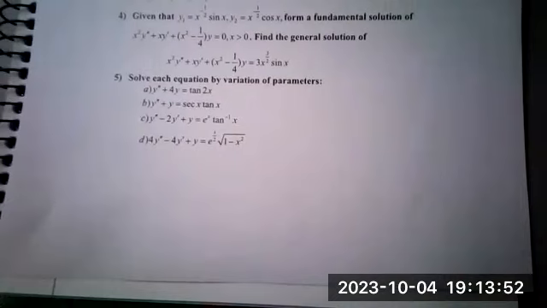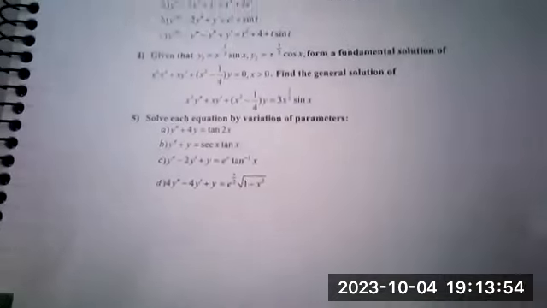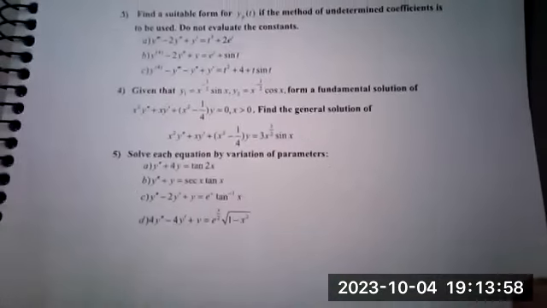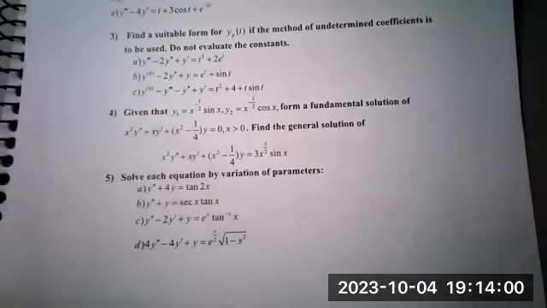Okay, if I get time, I'll come back to a couple more of these, but we have to go to the other section to make sure we are able to do all of them. So the other question is going to be number 3. This is the one where you are not supposed to solve the question. You are only supposed to give us the form of the y_p. We identify the y_p, you have satisfied.